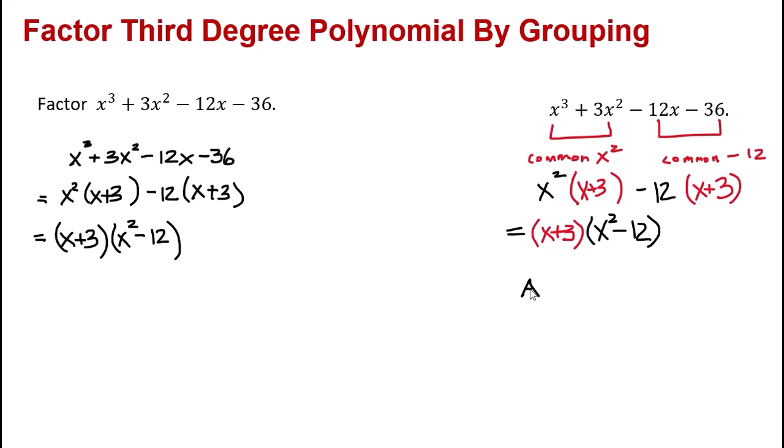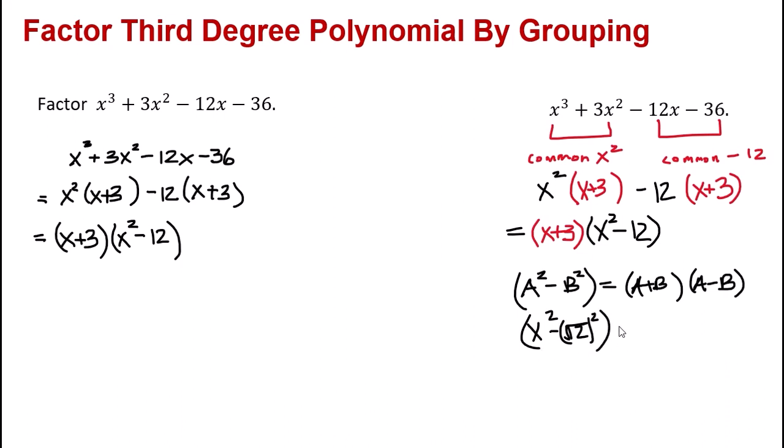I hope you remember that a squared minus b squared is always factored as a plus b multiplied by a minus b, and we have a equals x squared, and b here is 12, so this would have to be the square root of 12 all squared, wouldn't it?